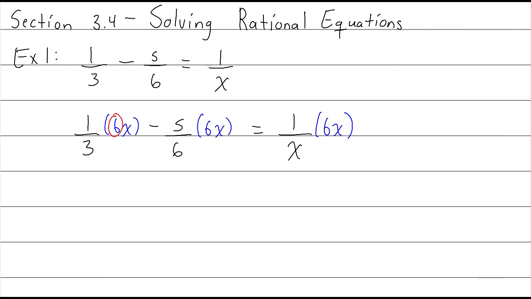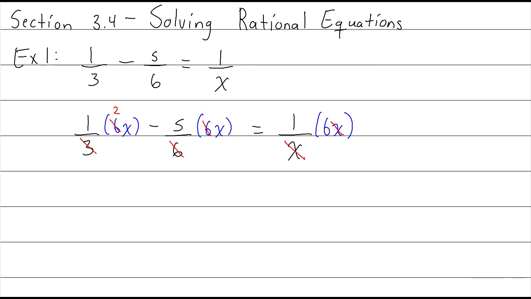6 divided by 3 is 2. So we can say they cancel each other out in a way. That and that cancels. It leaves me with a 2. This 6 and this 6 cancel out altogether. It leaves me with a 1, but 5 times 1 is just 5, so you can leave the 1 off. Here the x and the x will cancel out. So what does that leave me with?